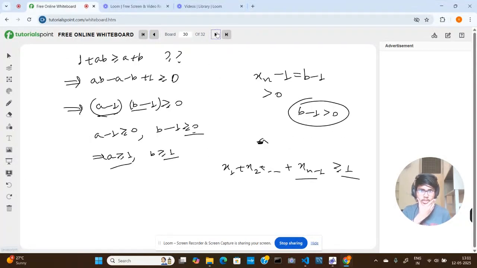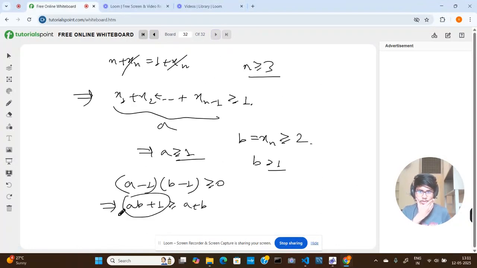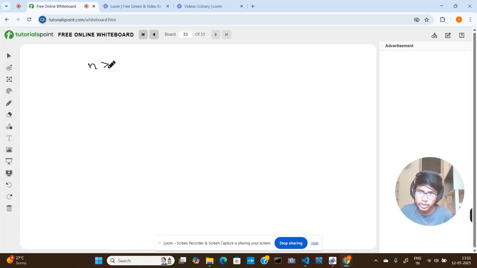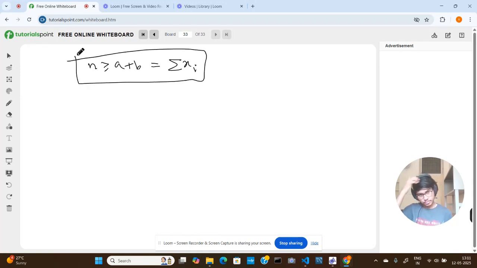So you have n is greater than or equal to ab plus 1 is greater than or equal to a plus b. So you have n is greater than or equal to a plus b, which is equal to summation xi. This is what we wanted to show.